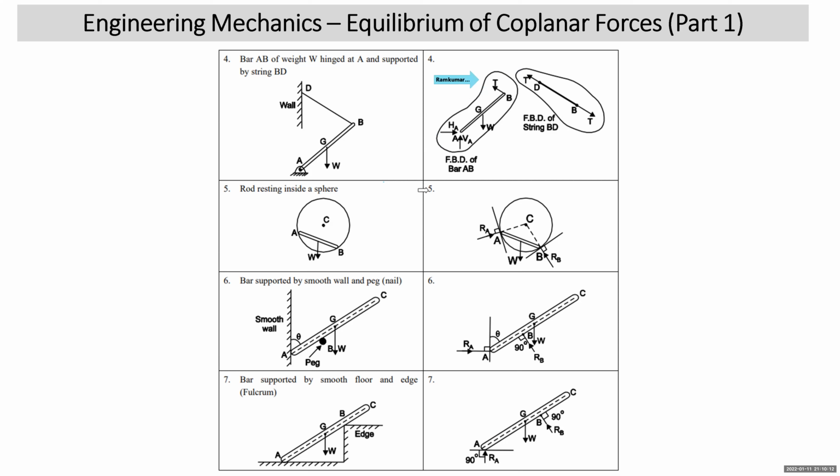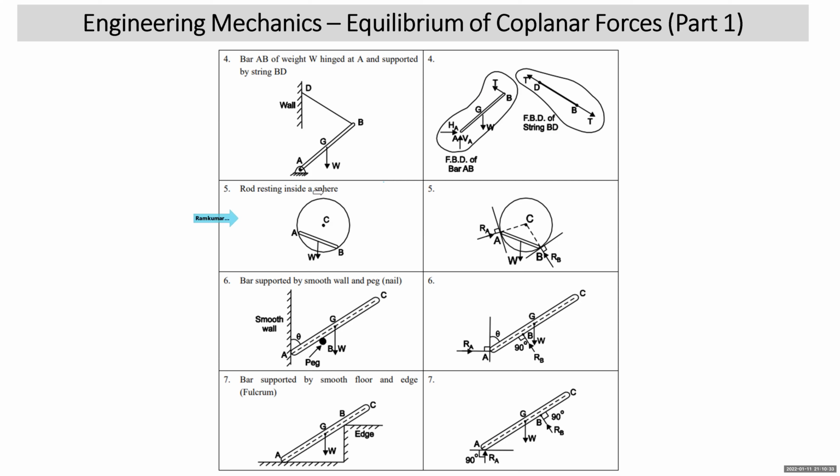Normally, while solving problems of equilibrium, we don't need the FBD of the string. We draw the FBD of the body which is being supported by the string.